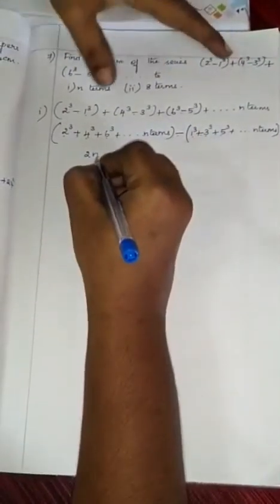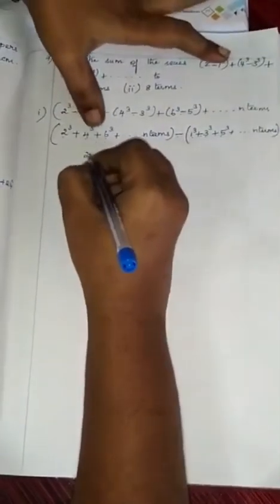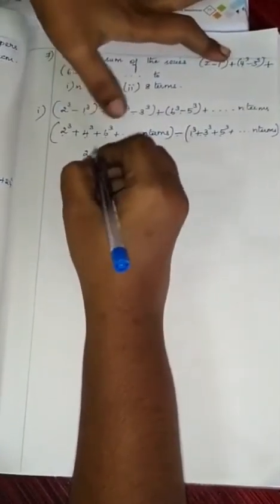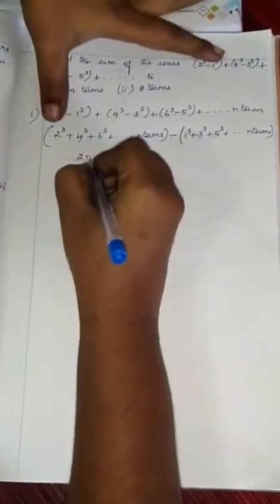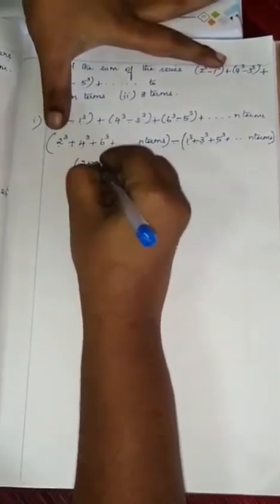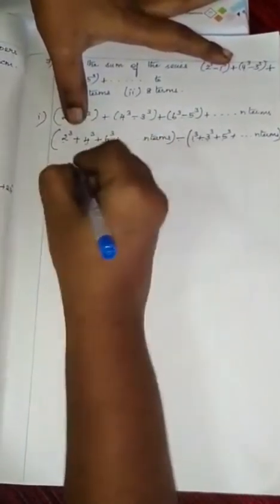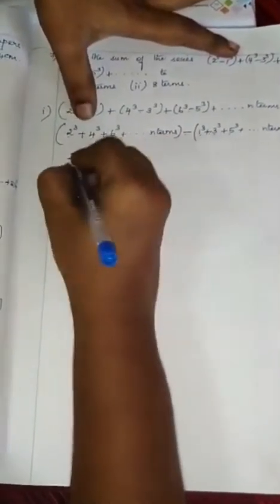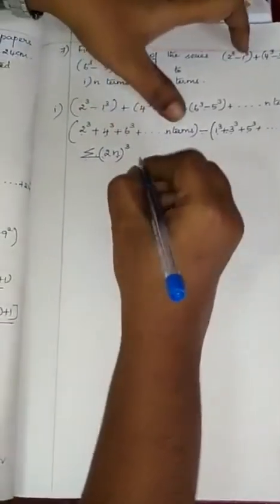When you substitute 1 for n, 2 into 1 is 2. When you substitute 2, 2 into 2 is 4. When you substitute 3 for n, 2 3s are 6. So this is the general formula for the sum of even numbers. So 2 into n, next what you have? The whole cube. This is what we are going to find out the summation.